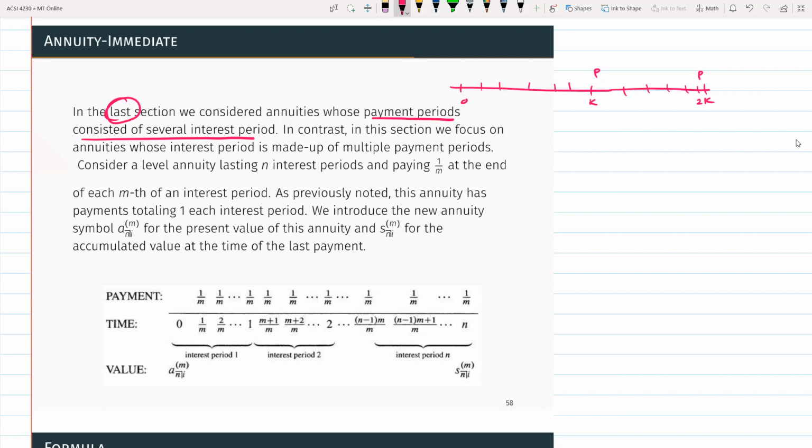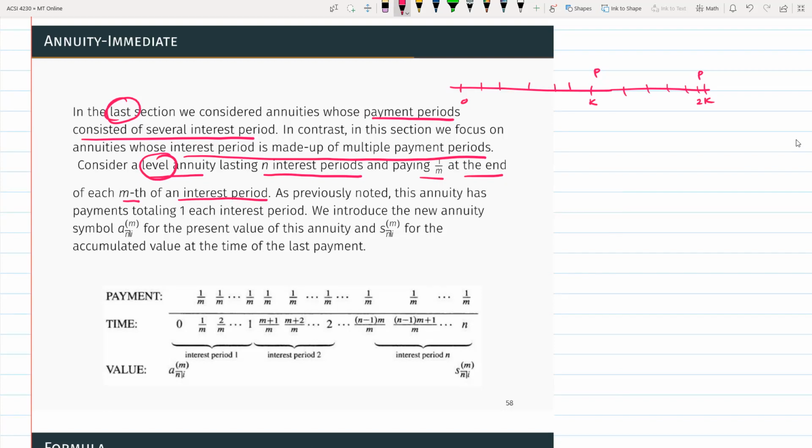In contrast, in this section we focus on annuities whose interest period is made up of multiple payment periods. Considering a level annuity, lasting n interest periods and paying 1 over M at the end of each Mth of an interest period.